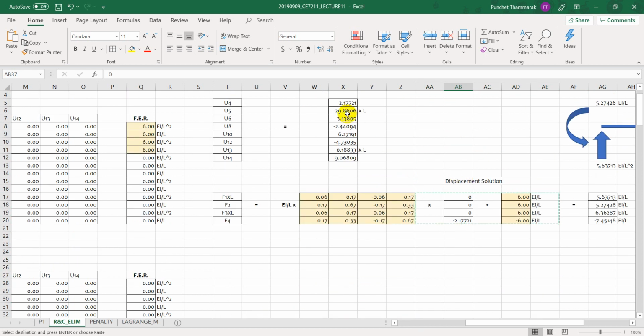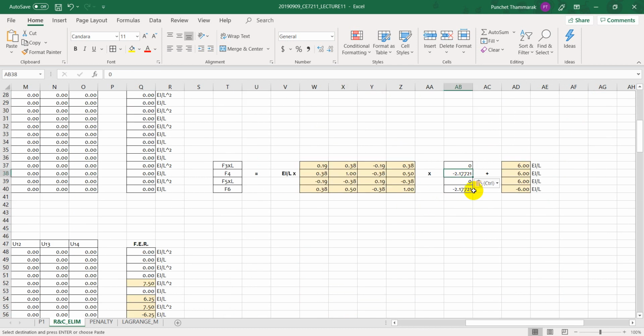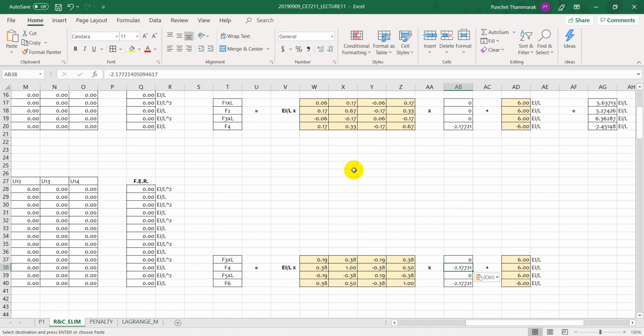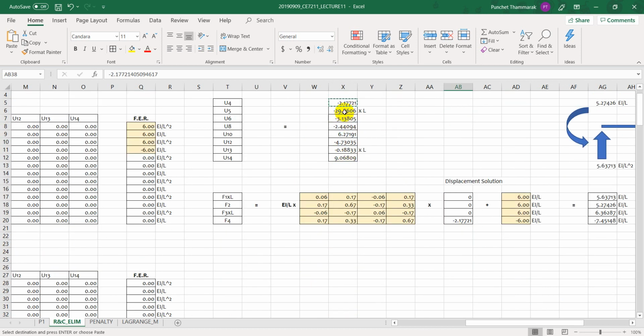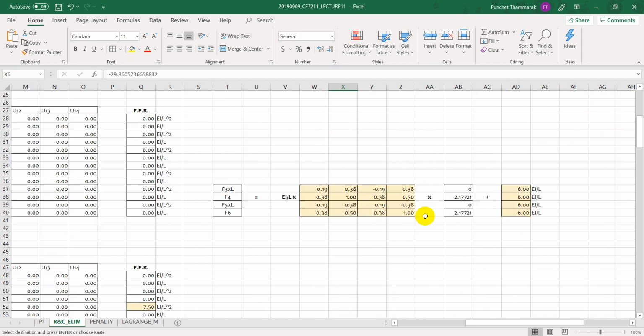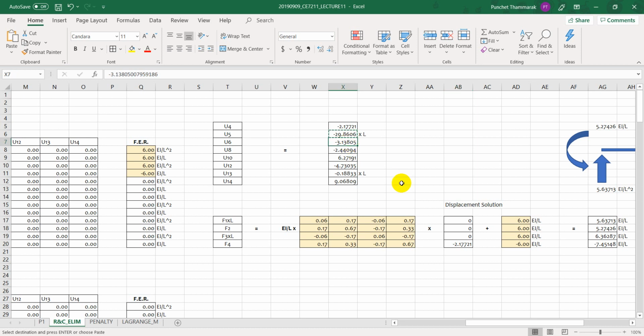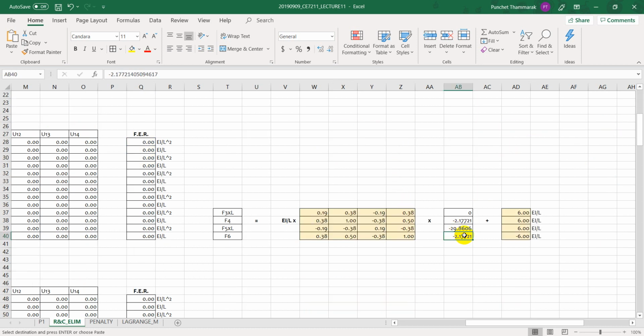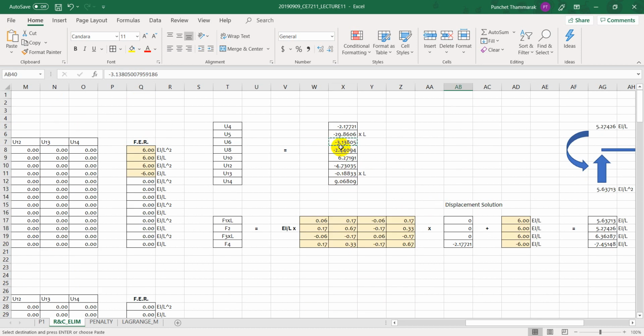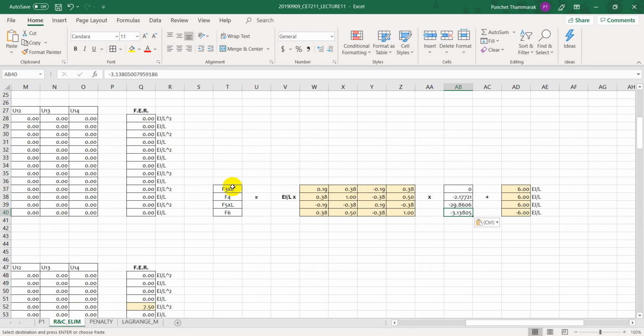Number 4, 2 point existing. Number 5, this. Number 6, 3 points. 4, 3, 4, 5, 6.